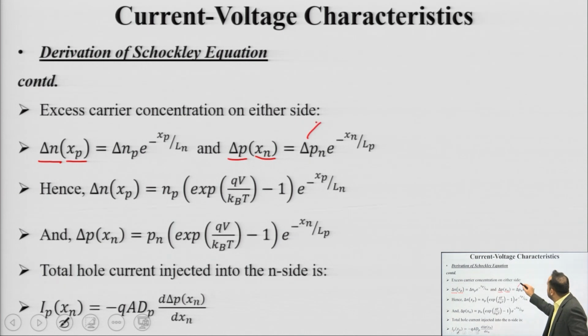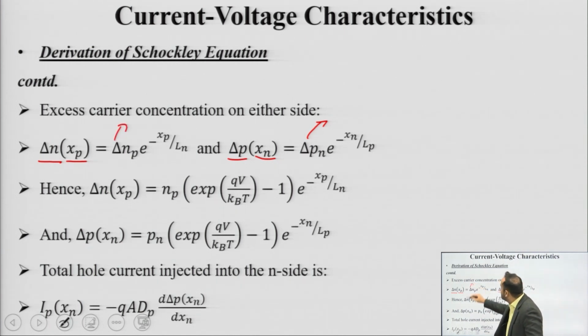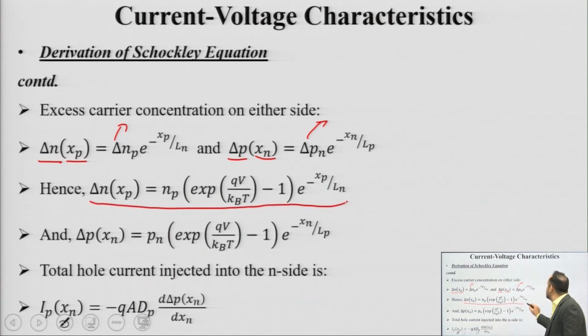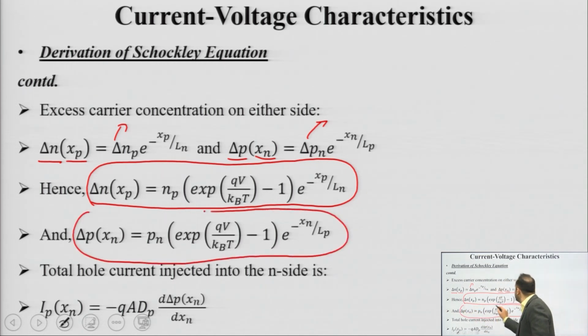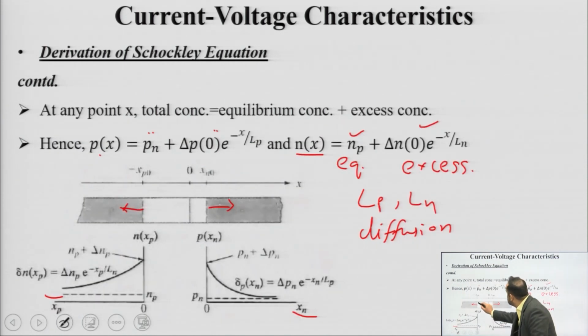This is excess holes injected right from the edge of the n side. This is excess electrons injected right from the edge of the p side. Okay. Using my previous few equations, you can easily see that this is the expression which you are going to get for your excess charge carriers, excess electrons, excess holes. These are the excess electrons from this point onwards.